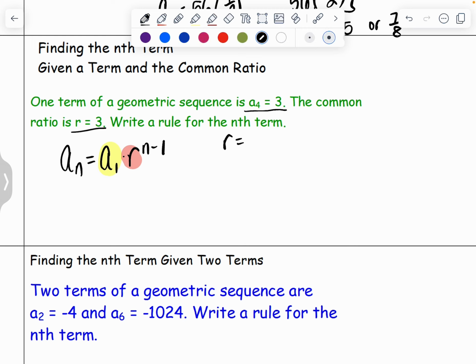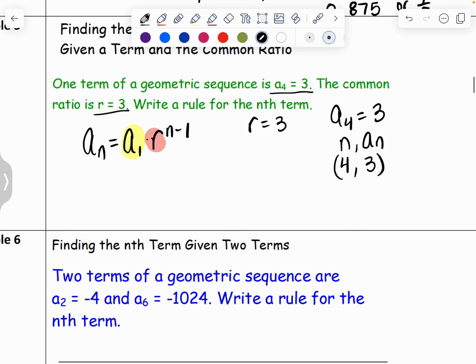So I know r equals 3, and I know that the 4th term equals 3. When the 4th term equals 3, remember that's like n, a sub n is your input, output. 4 is your input, 3 is your output. So when I take 4 and 3 and plug it into this equation, along with r, I'm going to be able to solve for a sub 1.